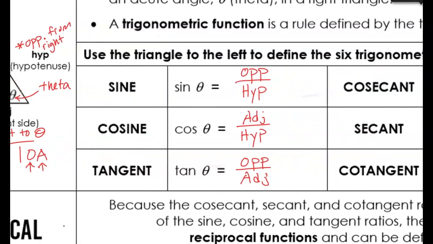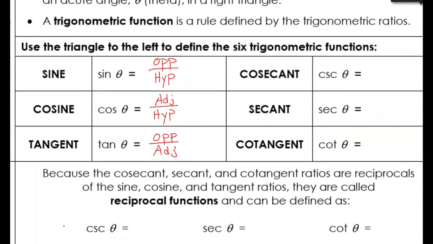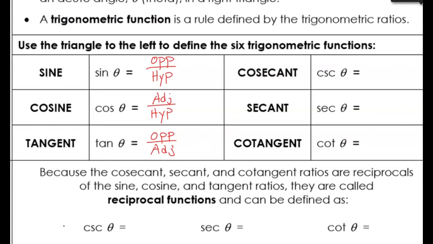Now, the next part is new. I really hate to introduce it now, but it does need to be introduced at some point, so I might as well introduce it now. You actually do have 3 more trig ratios.